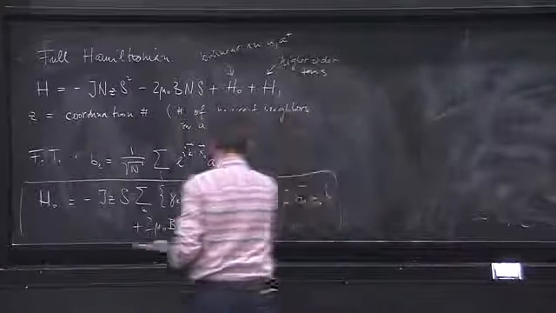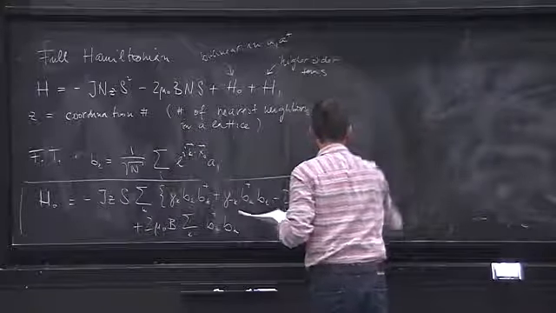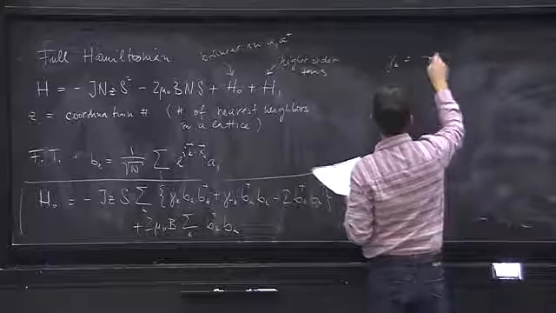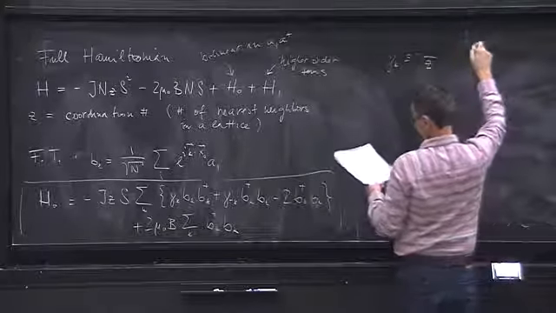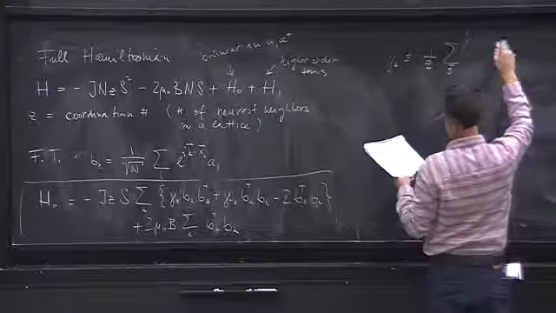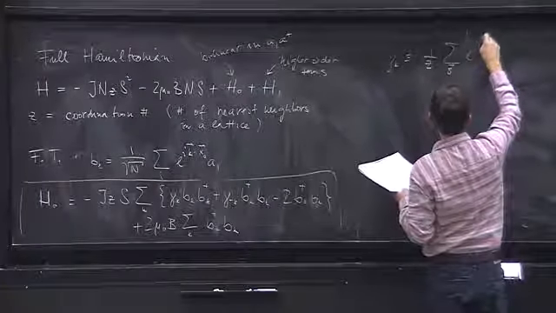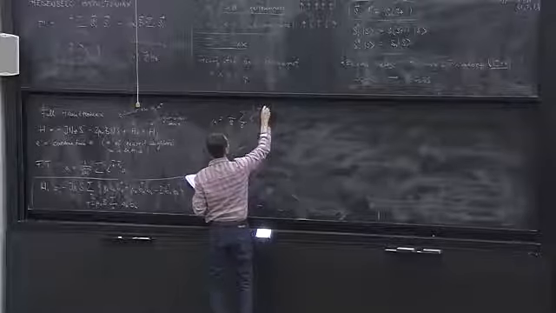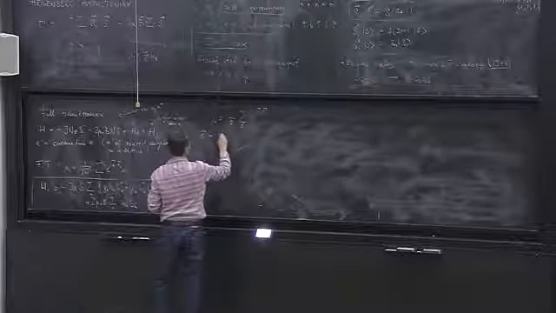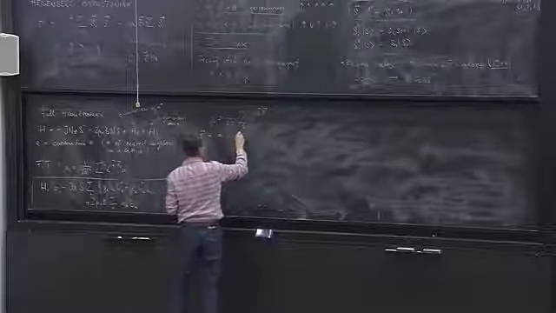This gamma that I introduced here is defined as 1 over Z times sum over delta e to the i k dot delta, and delta are the nearest neighbor vectors.